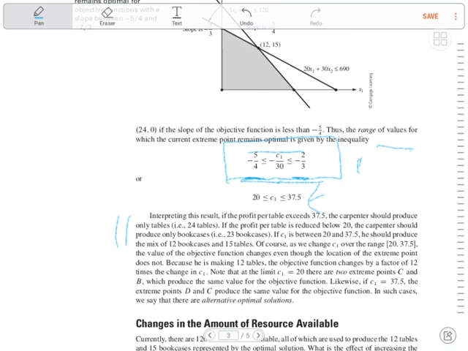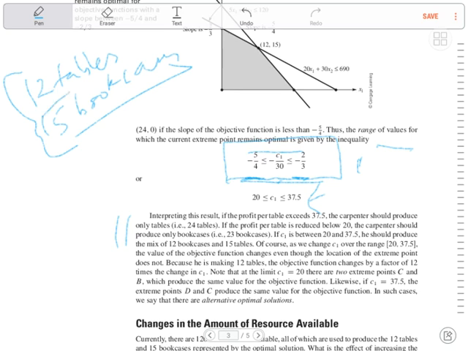But one thing he has kept fixed: he will make 12 tables and 15 bookcases. This is going to give him the maximum. This he has kept fixed. So he has changed the profit per table and kept the profit per bookcase the same.